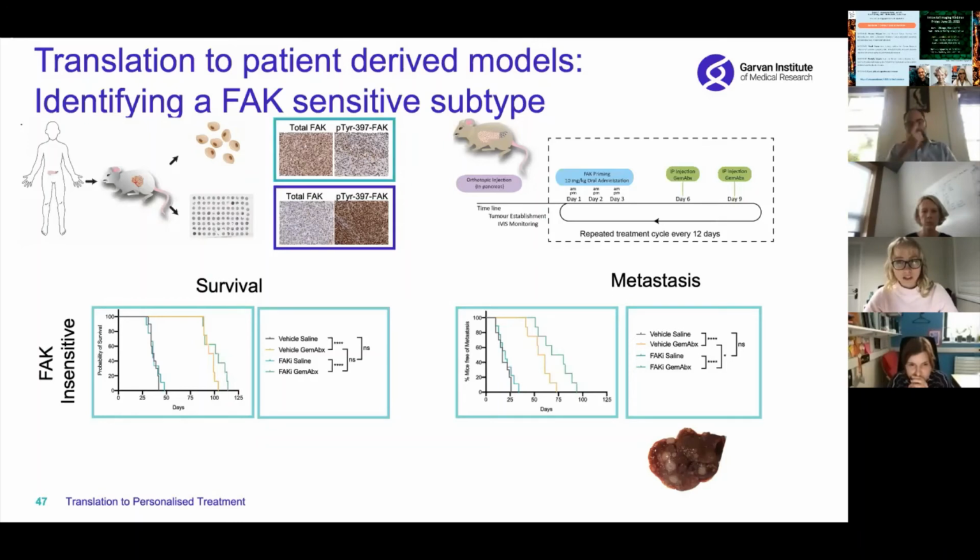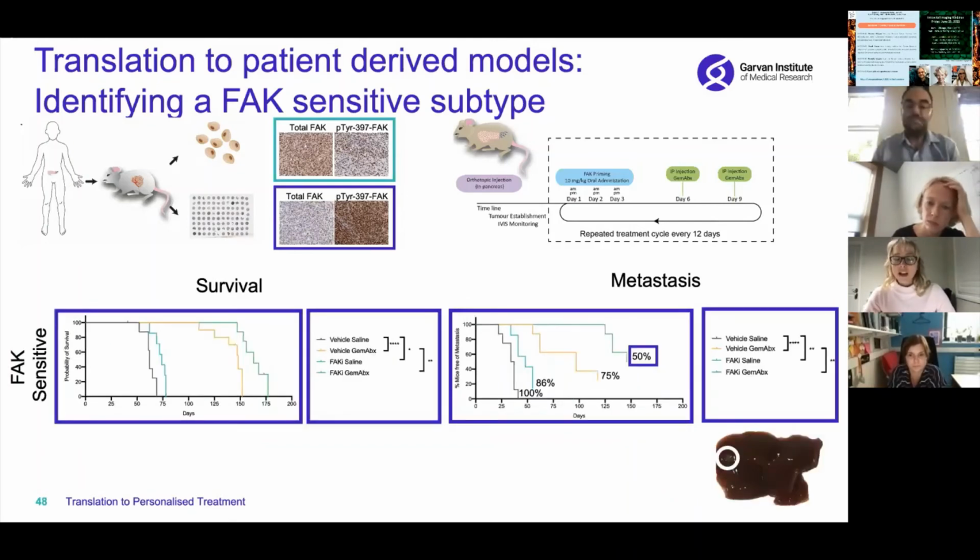However, what was quite interesting and we weren't particularly expecting was that when we looked at the time to metastasis within these mice, once again, FAK treatment alone had no response. Chemotherapy delayed the onset of metastases. But if we treated this previously insensitive line with our FAK inhibitors prior to chemotherapy, we saw a delayed onset of metastases within these mice.